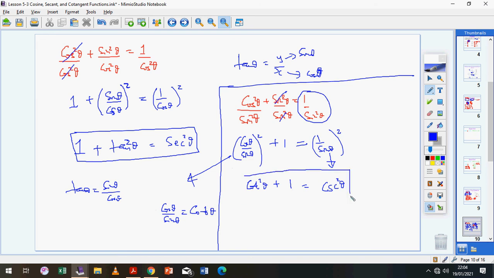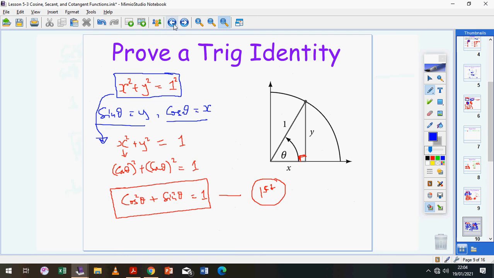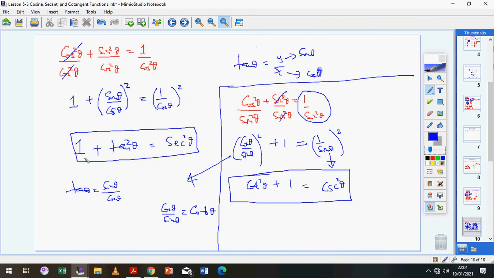So the first identity was cos squared plus sine squared is equal to 1. The second identity is 1 plus tan squared is equal to secant squared. And the third identity is cot squared plus 1 is equal to cosec squared.